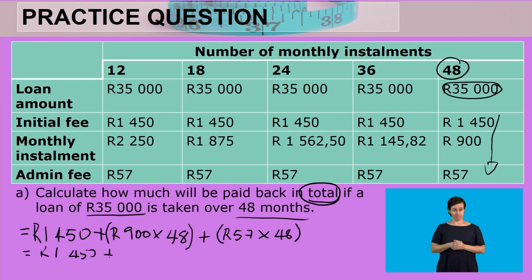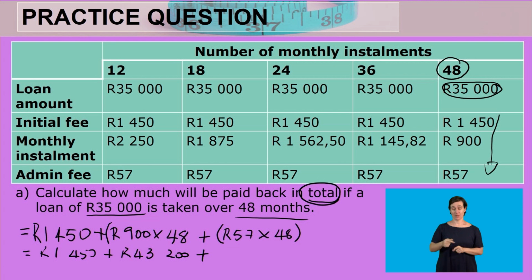So we have 1,450 and we work out our brackets. So we are going to have 900 multiplied by 48, which gives us 43,200 rand. So we no longer put back the brackets because on this step we are working them out.